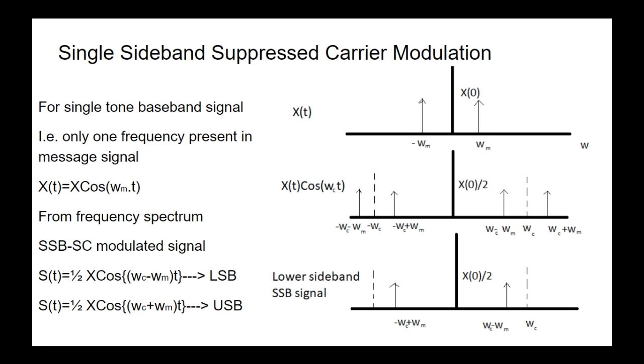For the upper sideband modulated signal, we will get s(t) = 1/2 x cos (ω_c plus ω_m) t. So we got the time domain formula of single sideband suppressed carrier modulation.